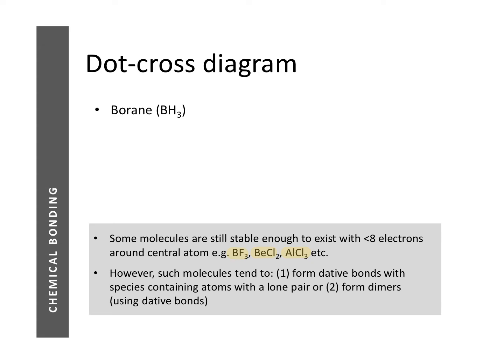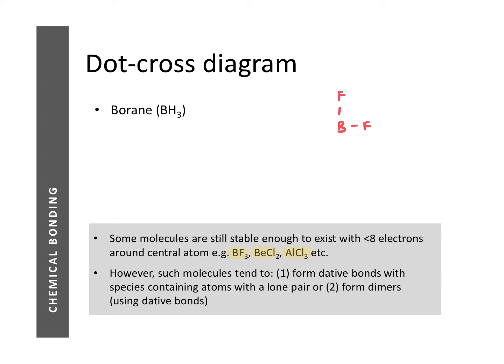However, due to the fact that they do not have a fully filled valence shell, meaning they have vacancies for more electrons, they usually undergo further reactions. For example, if you look at boron trifluoride, it looks like this. This is the structure of boron trifluoride.